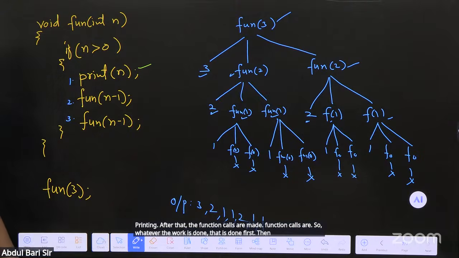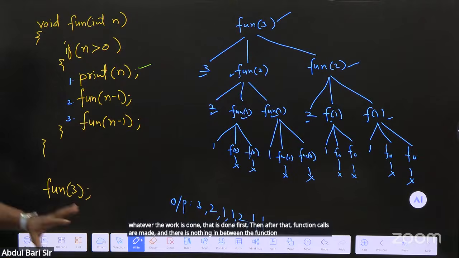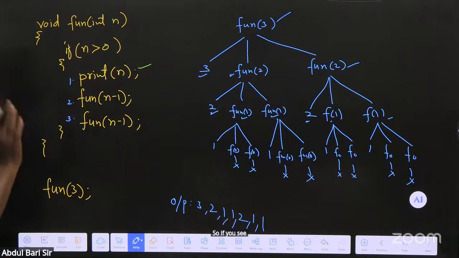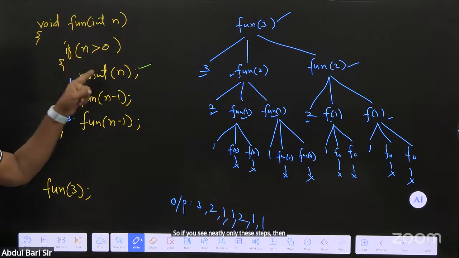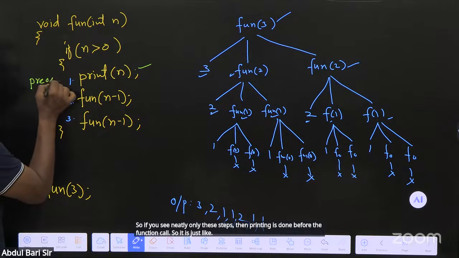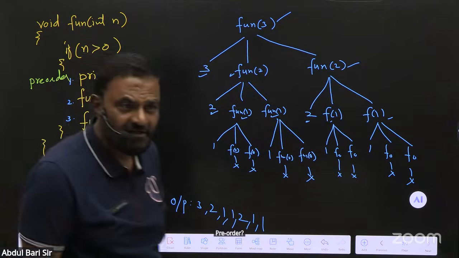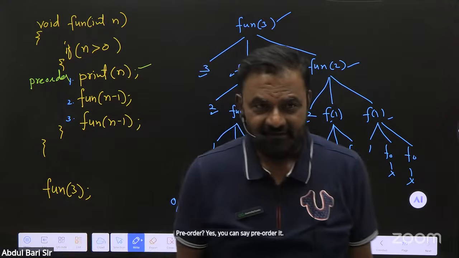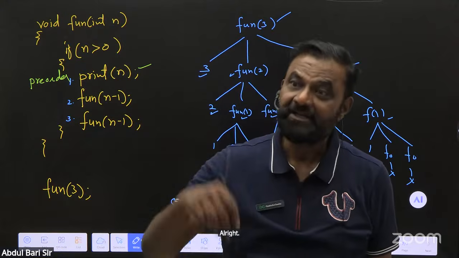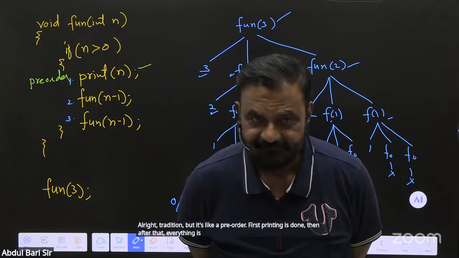Then after that, function calls are made, and there is nothing in between the function calls. So printing is done before the function call. It is just like pre-order. Recursion, but it's like a pre-order. First printing is done, then after that everything is done.